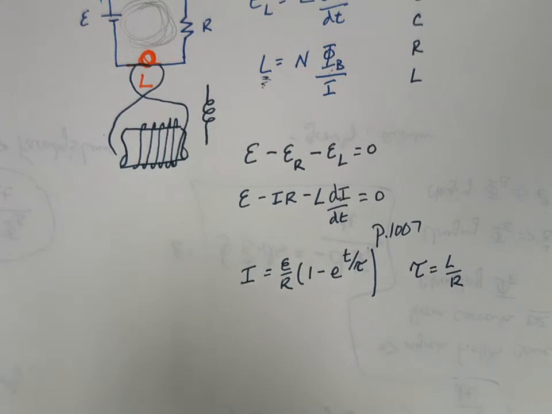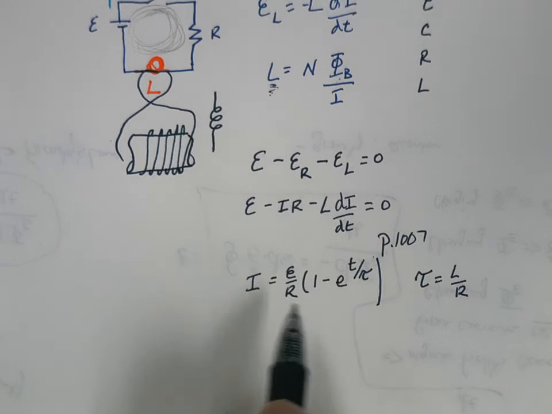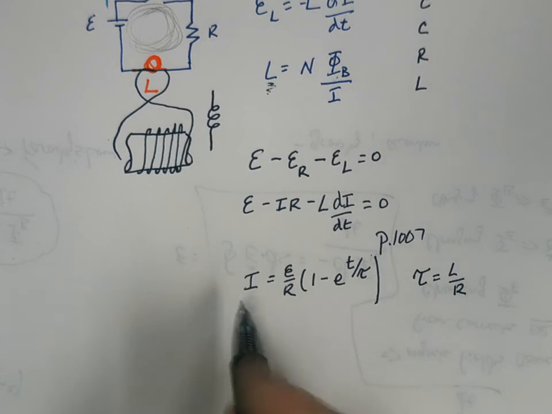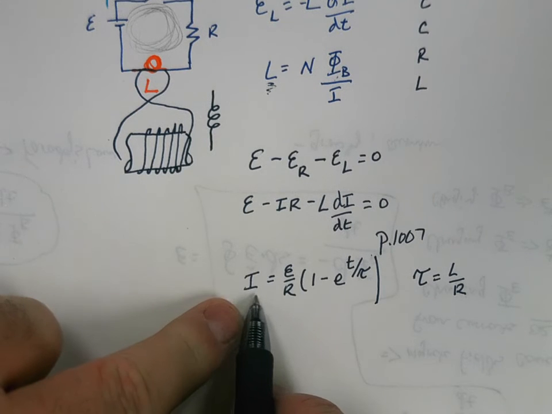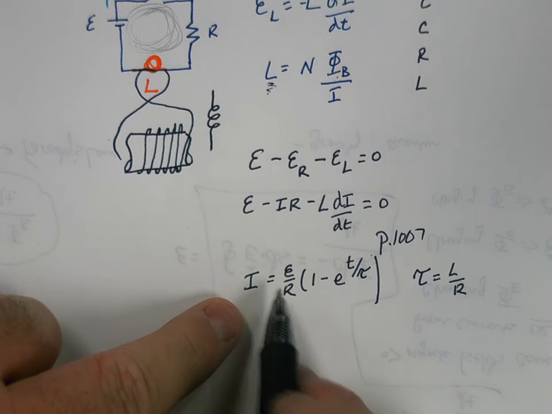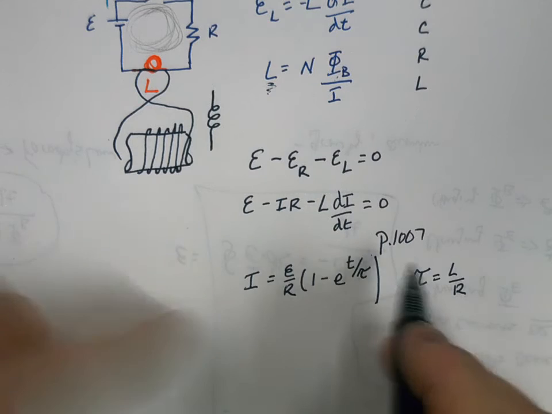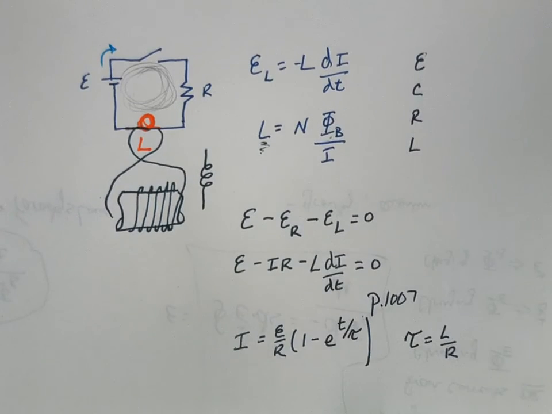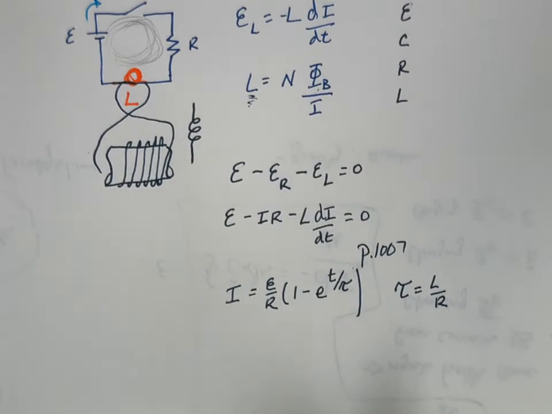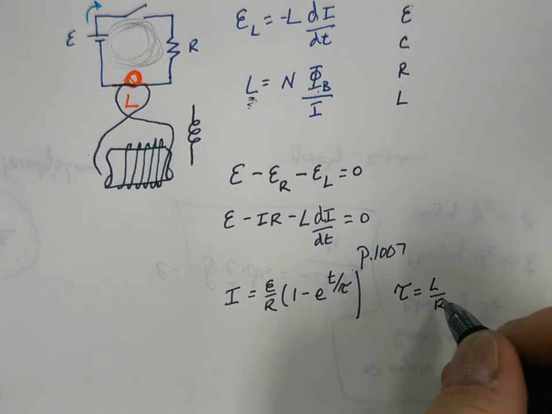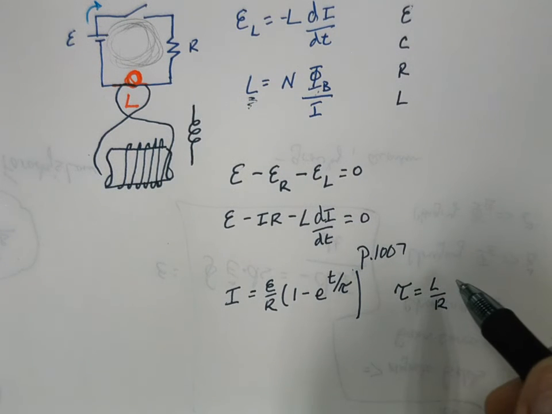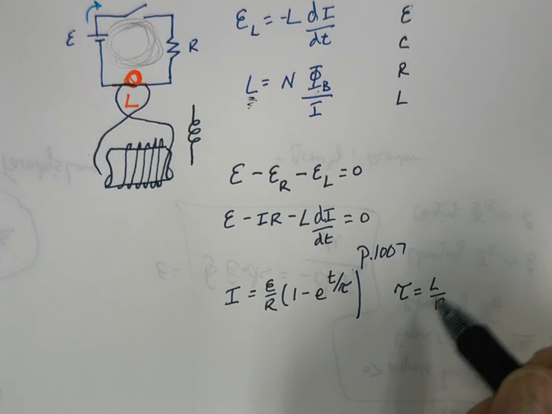Now go back and look at our units here. This is I. This is a current. This has to have units of seconds to it. It does. You can go back and look at all the funky stuff, but this is in henries, right?